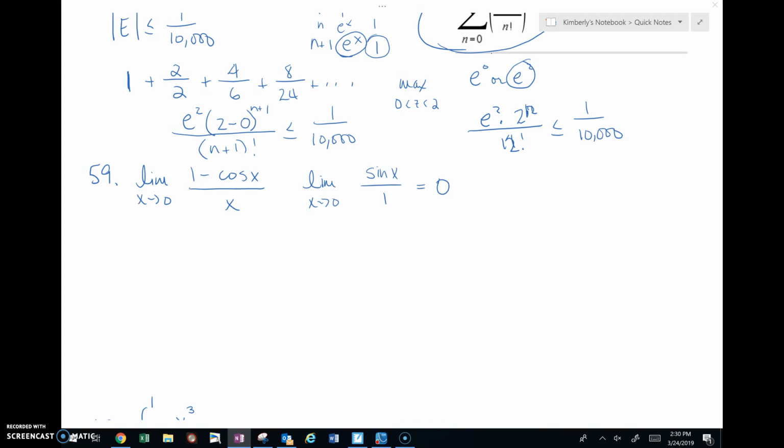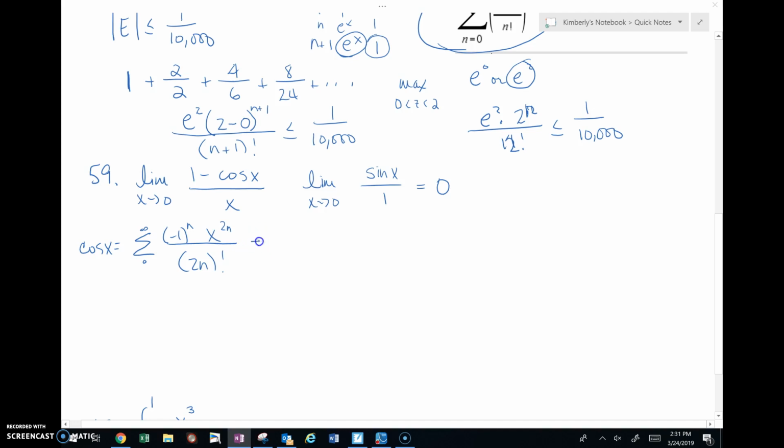So let's start off with cosine. So cosine is the sum from 0 to infinity of negative 1 to the n, x to the 2n over 2n factorial. So that's cosine. And then they want us to manipulate that.